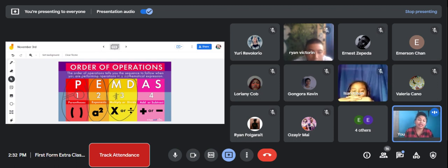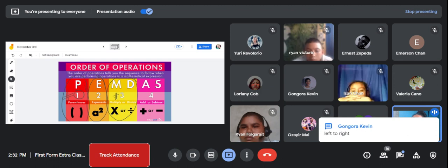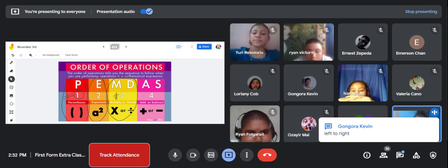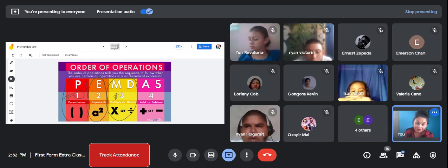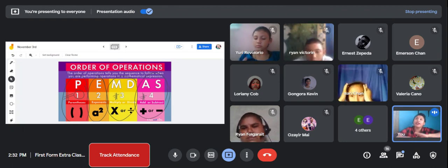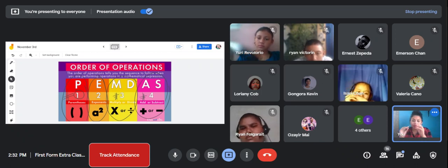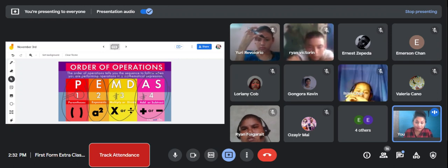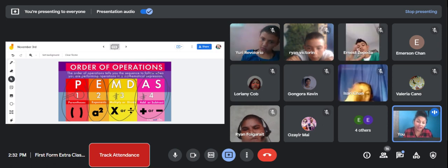If multiplication comes first, I'm going to do that first. If division comes first, I'm going to do that first. And then the last one, addition and subtraction. These are the same thing. They go together. Even though they are opposites, they are done together. So: parentheses, exponents, multiplication, division, and then addition, subtraction. This is what you need to understand when we do order of operations.